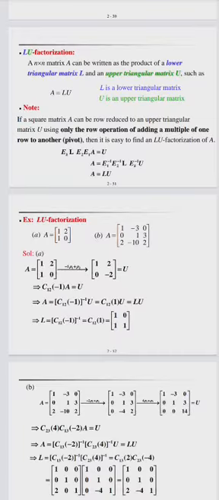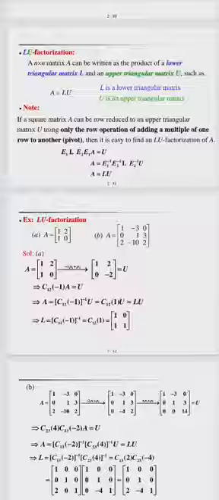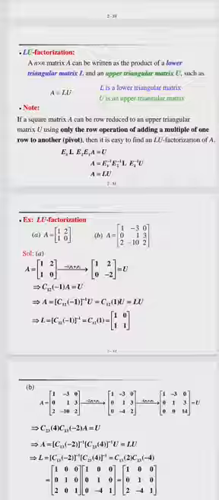Then this implies C12 of -1 into A equal to U. Then A equal to C12 of -1 the whole inverse into U, equal to C12 of 1 into U, equal to LU.